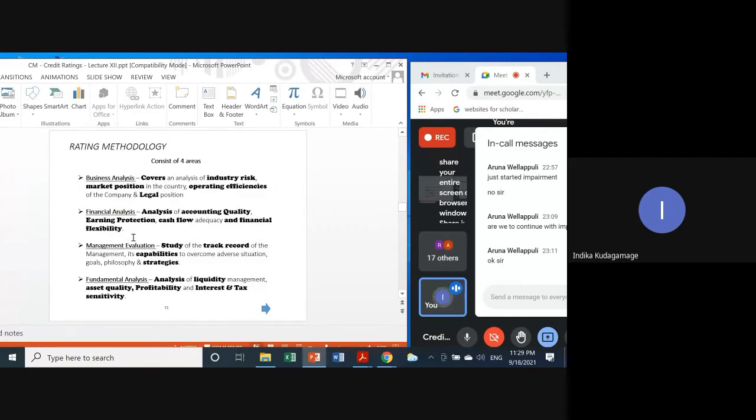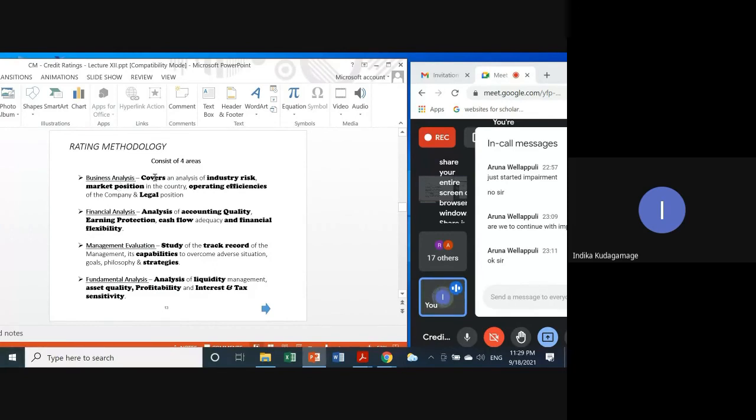I told you the methodologies we use for external rating. There are four areas to cover: business analysis, financial analysis, management evaluation, and fundamental analysis. These are the four areas they cover when they come for a full-scale rating, right?